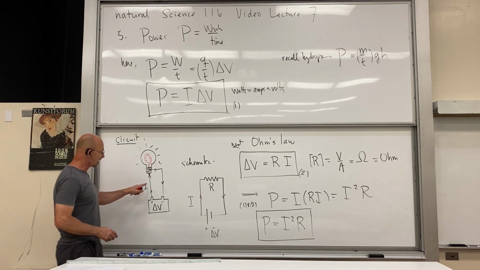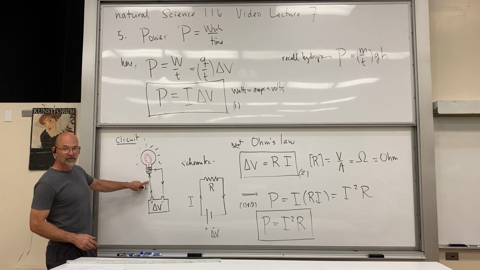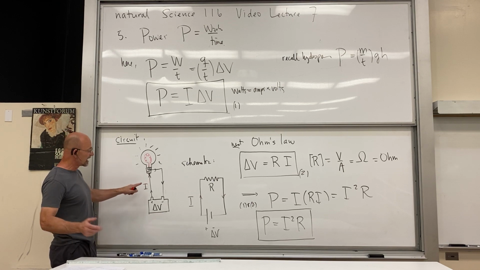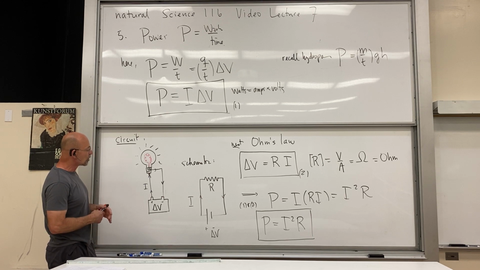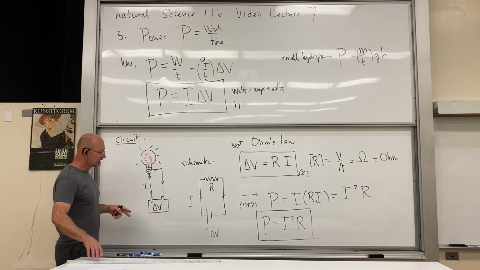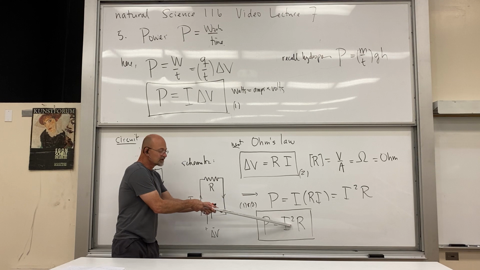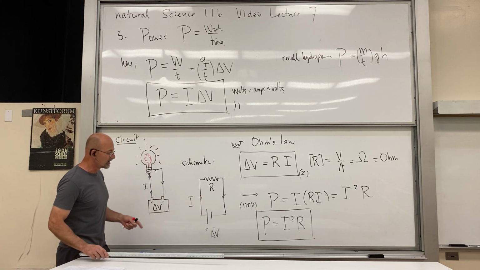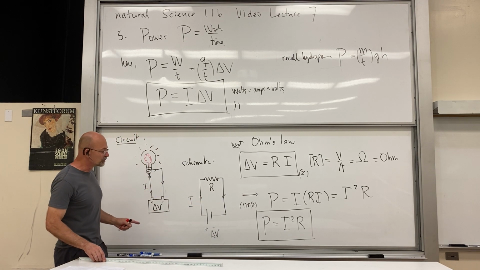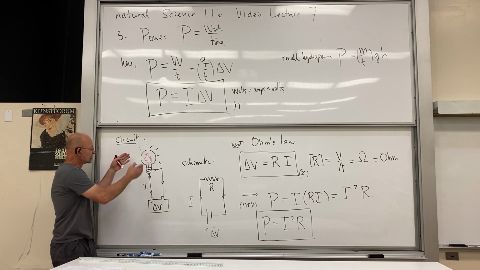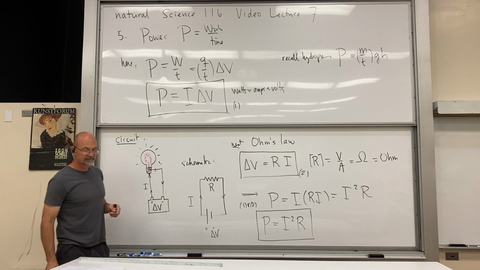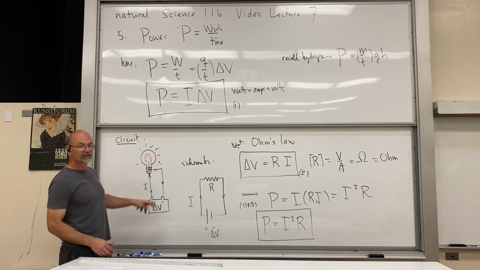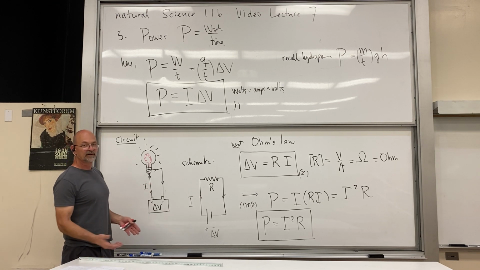Okay, but in fact, these wires can also get hot. In real life, these wires will definitely be able to get hot. And you can see if you don't want them to get too hot, you have to keep the current sufficiently low. If for some reason the current doubles, triples, quadruples, not only is your light bulb going to be hot, but your wires will start getting hot as well. And these wires are in the wall. And if they get too hot, your house will burn down.